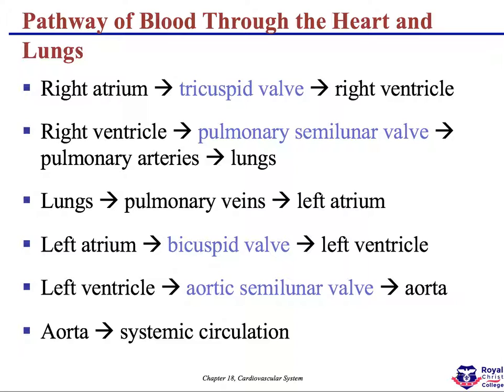The lungs push the blood through the pulmonary veins into the left atrium. The left atrium then pushes it through the bicuspid, or the left atrioventricular valve, into the left ventricle, which is then pushed through the aortic semilunar valves. So you have the aortic semilunar valves as well as the pulmonary semilunar valves, so don't get it completely mixed up, and then into the systemic circulation.